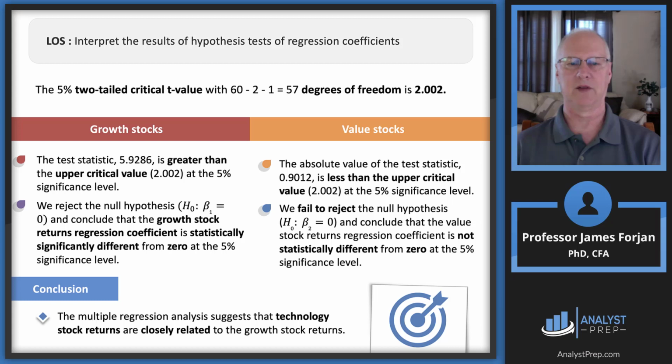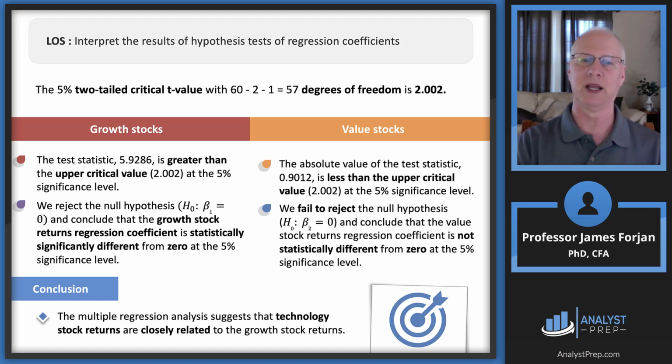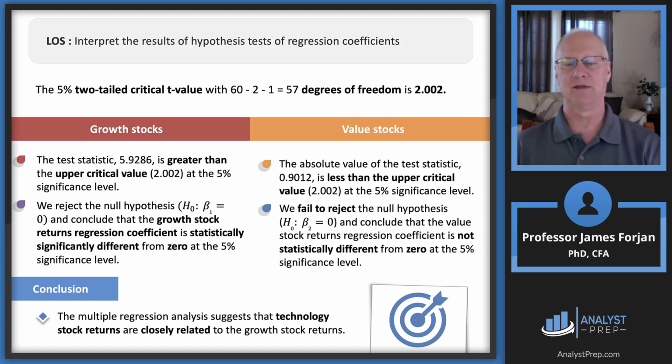And so we make some kind of a conclusion saying that, hey, growth stocks are doing a much better job of explaining technology stocks than value stocks, which, we can knock on the sides of our heads and say, hello, McFly. That seems like an obvious notion here.